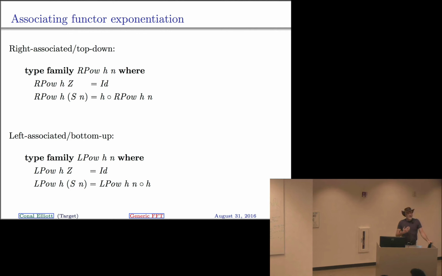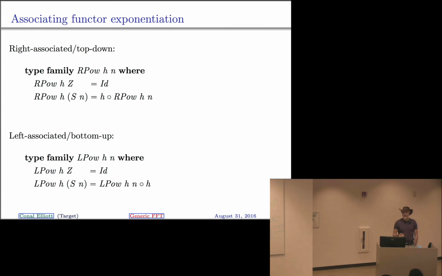So here's a nice simple way. There are various ways. I used to mainly do this with GADTs to do these perfect depth-indexed trees. Here's another way to do it with type families, particularly closed type families. So this is saying RPow, so pow for power for exponentiation, and R for right associated. So given some functor h and a natural number n, well, okay, this is Haskell.